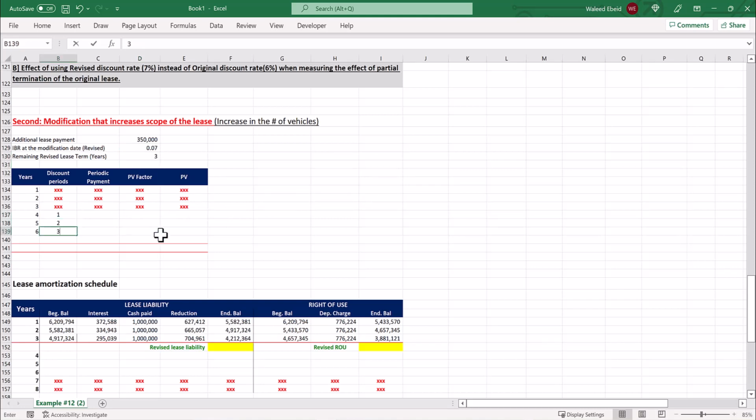Insert the discount periods for the remaining lease term. Then the additional lease payments. The present value calculations are done based on the revised rate of 7% on the modification date. And here is the balance of the revised lease liability for the modification that increases the scope of the lease.